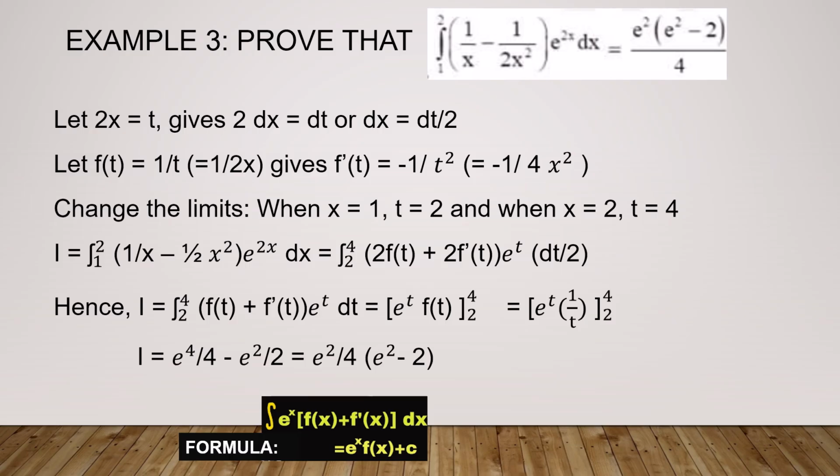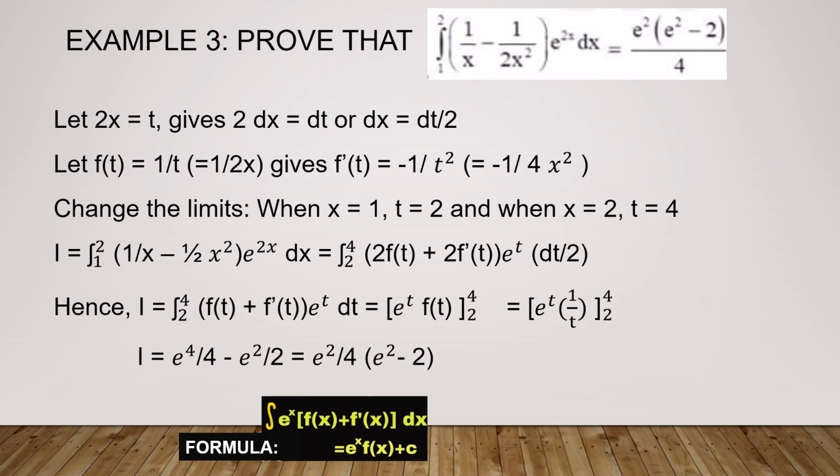So now your I is the integral from 2 to 4 of (f(t) + f'(t)) e^t dt. Now you can directly use our formula. Its integral is e^t f(t) within the limits 2 to 4. First put the value of t as 4, so it is e⁴/4, minus, put the value of t as 2, so it is e²/2.